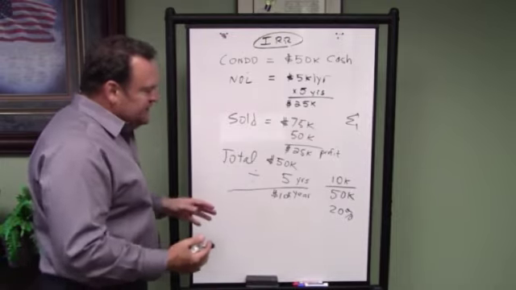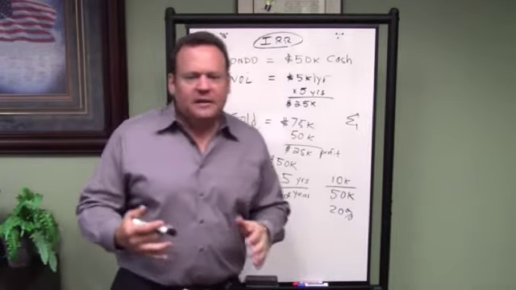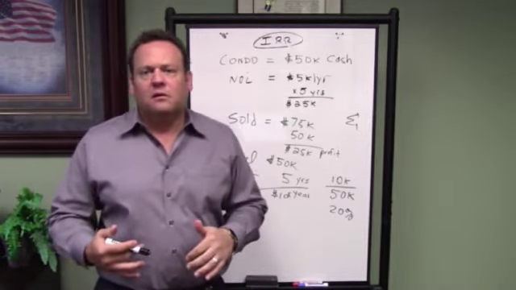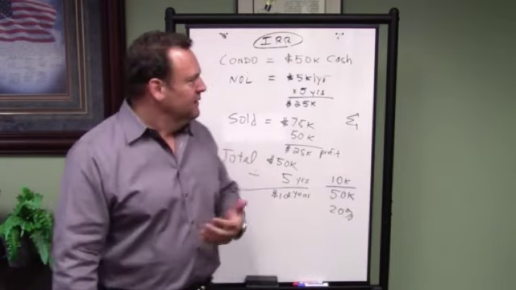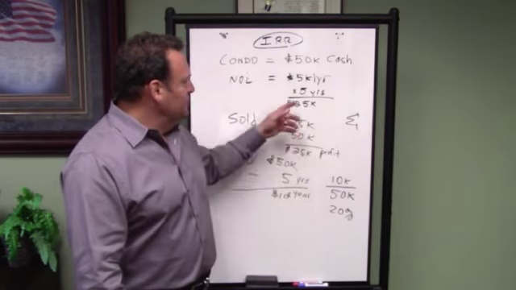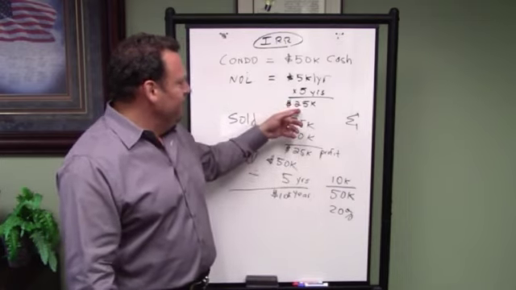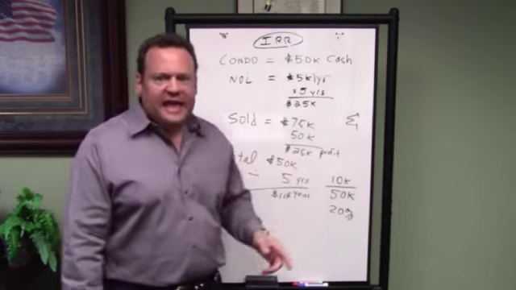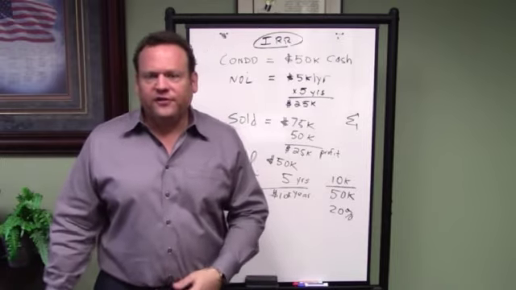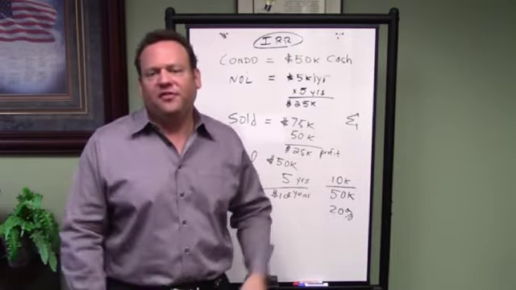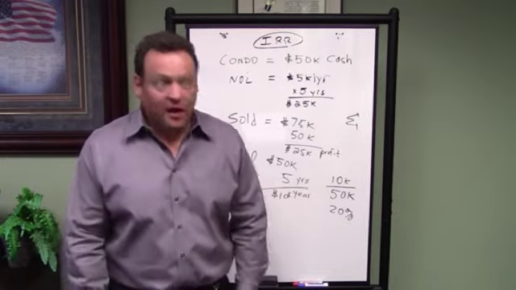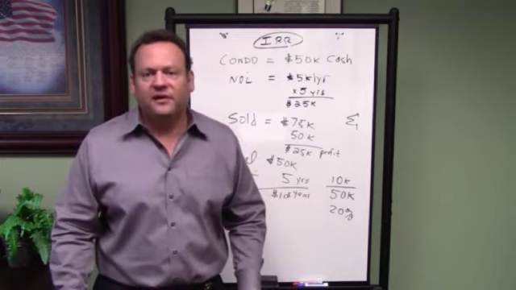So the thing is money now is worth more than money later. Make sense? So if you've got $5,000 a year for 5 years, and then 25 at the end, for a total of 50, would you rather have it that way, or would you rather just have $50,000 a month after the investment? Of course you would. You'd rather have it a month later.